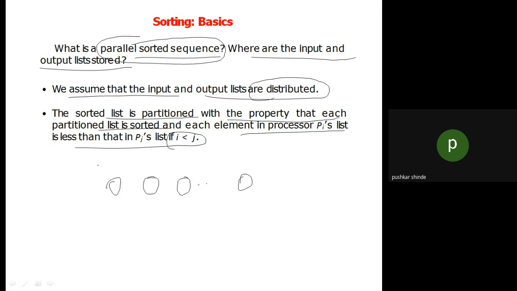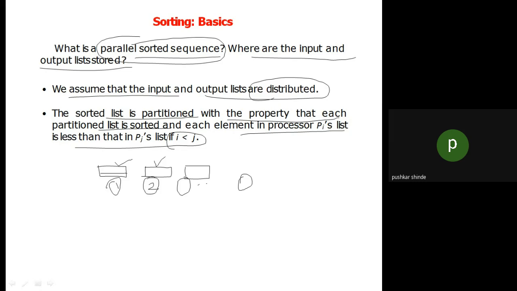Each processor will have a sorted list with itself. The whole list is not sorted, but the list with each processor is sorted. That is what is taken for granted. And the list with, let's say, processor 1 will be less than the list with processor 2, so all numbers in list 1 will be less once the sorting is done.